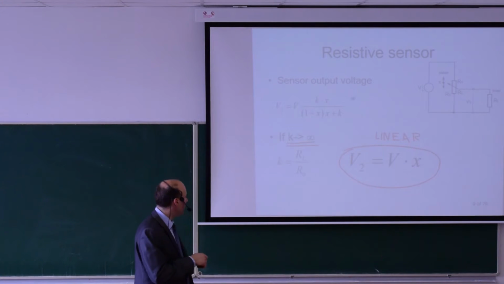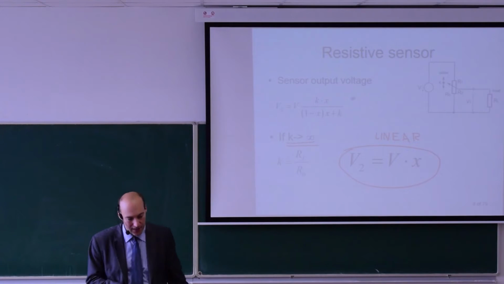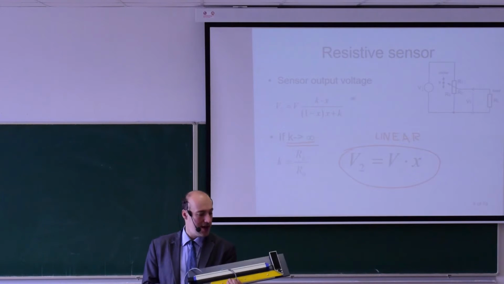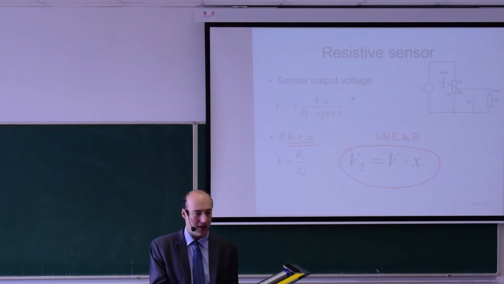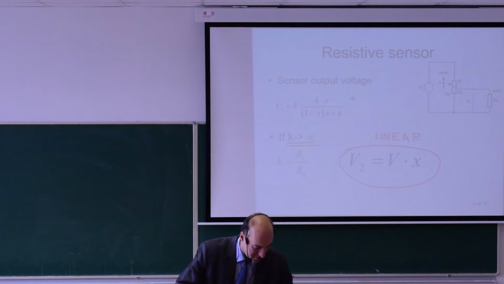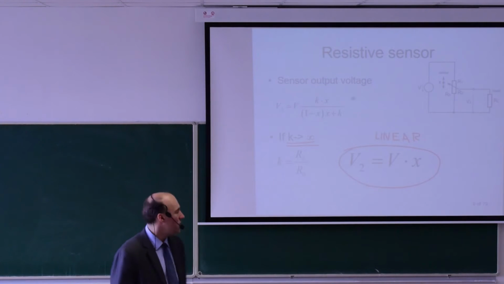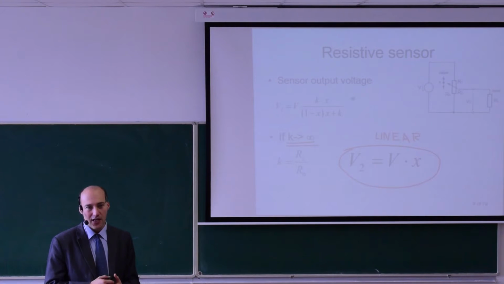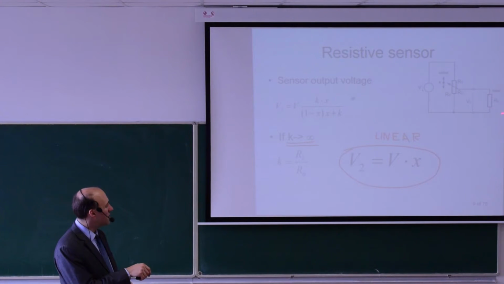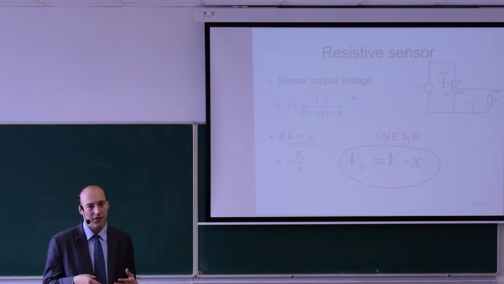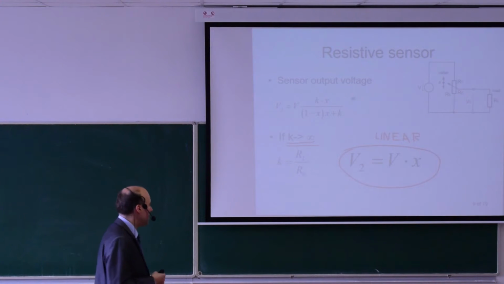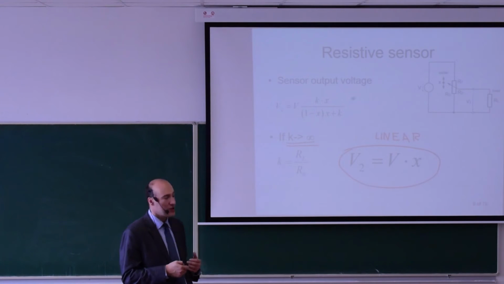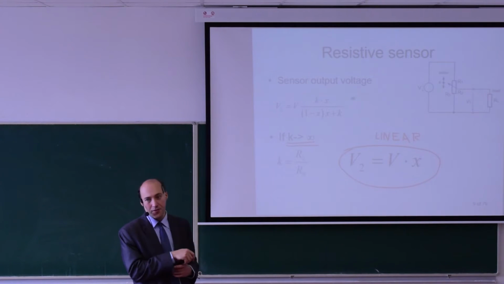If we take a look at resistance R0, let's say this sensor, this is a resistive position sensor, it has 5 kilo ohms, then you can calculate that with a suitable accuracy, the value of k should be larger than approximately 100. So if the voltmeter resistance is approximately 100 times larger than the sensor resistance, then with an error of about 1%, this is valid.